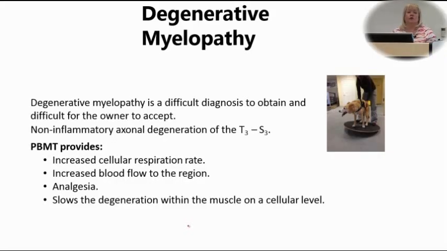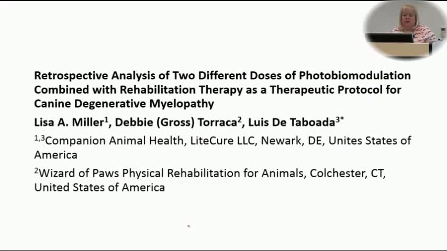I'm not sure if it's through peer review or not. It was going through peer review in Frontiers, but it's a retrospective analysis. So it's not a prospective study. It's not a hypothesis-driven research piece of paper. It is a retrospective analysis because it's difficult to do a prospective analysis on degenerative myelopathy.